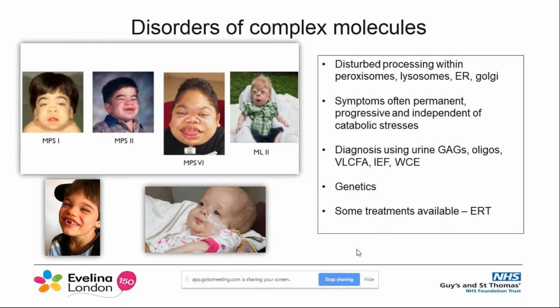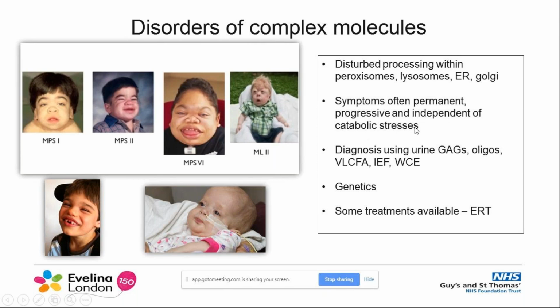And then thirdly, these disorders of complex molecules, I won't talk about them in too much detail, but essentially these are due to enzyme deficiencies or protein deficiencies within peroxisomes or lysosomes, and very rarely the endoplasmic reticulum and Golgi apparatus. Symptoms often tend to be not present at birth, but in some of the more severe MPSs we have seen them present at birth, but they tend to be progressive.